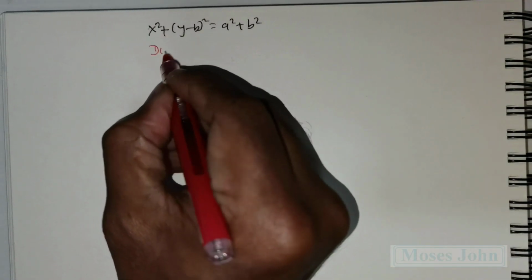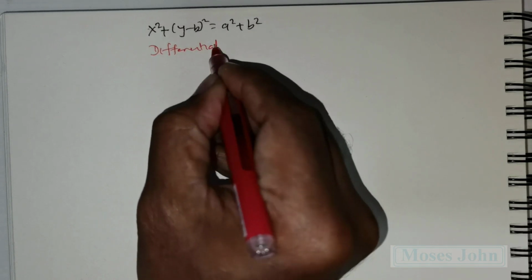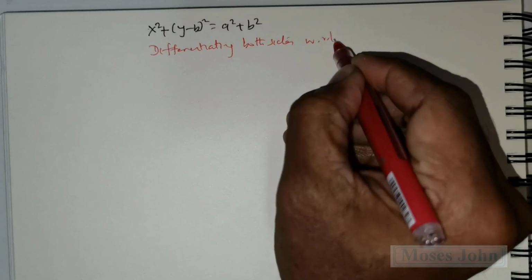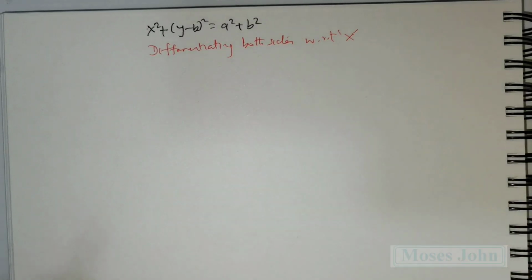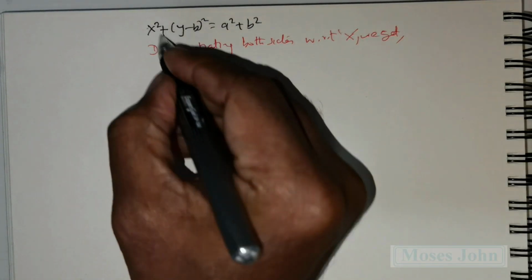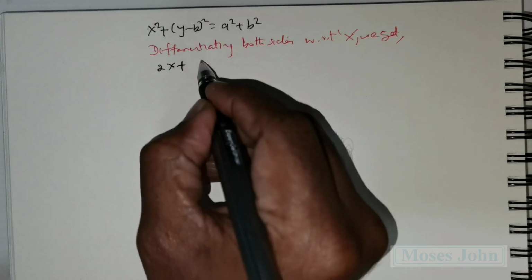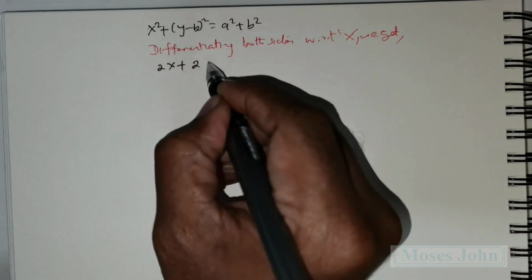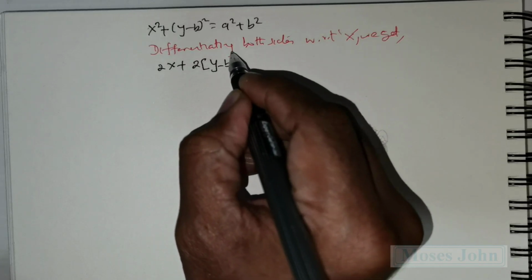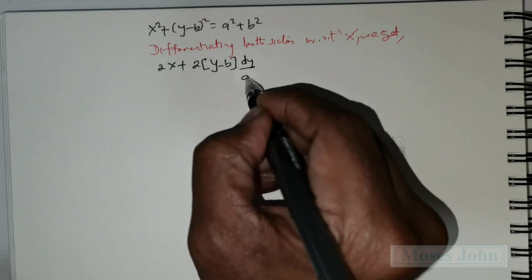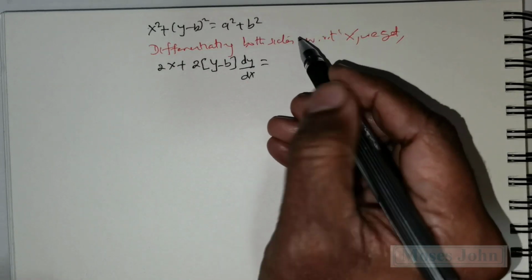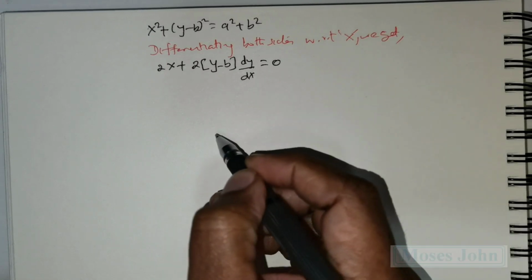Now we will be differentiating both sides with respect to x. So when we do that, we would get the following. Differential of x squared is going to be 2x plus the differential of (y - b) squared, which is 2 times (y - b) times dy over dx, is equal to, now a squared and b squared are both constants, so this is going to give us 0.